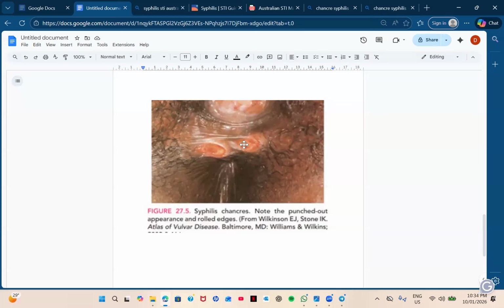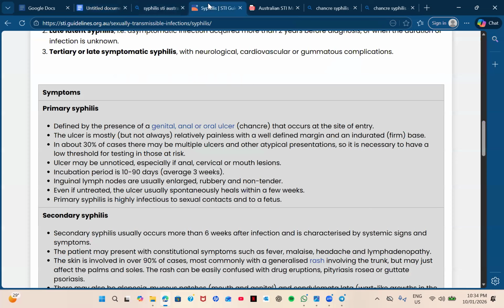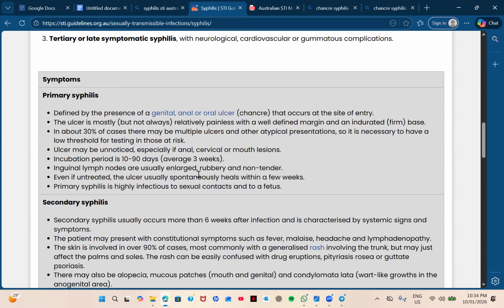And the indurated base. This is usually painless. In about 30% of cases, there may be multiple ulcers and other atypical presentations, so it is necessary to have a low threshold for testing those at risk. The ulcer may be unnoticed, especially if it is anal, cervical, or a mouth lesion.